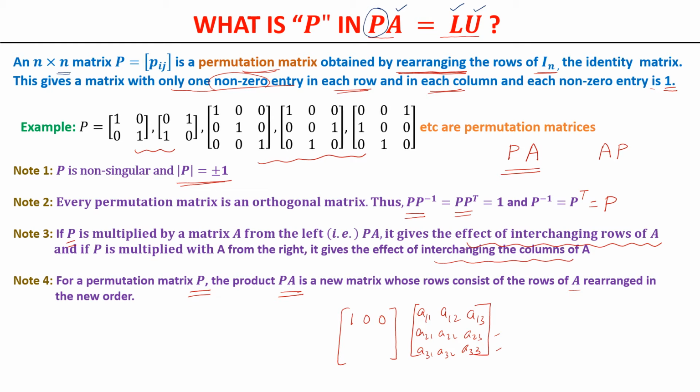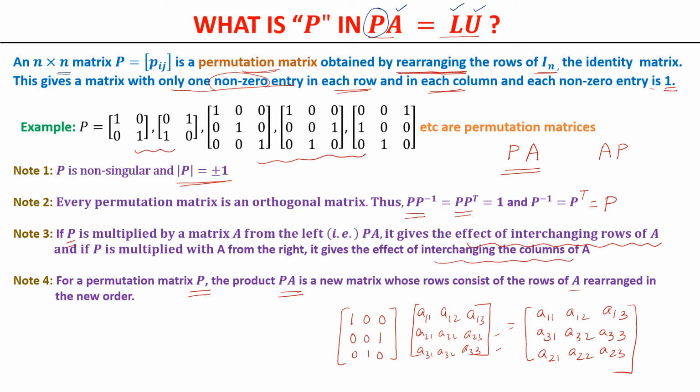I am interchanging the second and the third, so this will become 0 0 1, this will become 0 1 0. So when I multiply these two, I get the first row not touched, the third row A31, A32, A33 becomes the second row, and the second row now becomes the third row. So this is taking care.